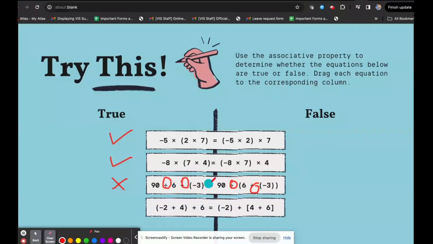And in this case, if you check your answer, 7 times 4 is 28. 28 times negative 8, you will get a negative answer, which will be the same as negative 8 times 7, which is negative 56, times 4. This will also give the right answer. In this case, you can see that we have a negative number, and this property is not applying to negative integers. So this is also false.